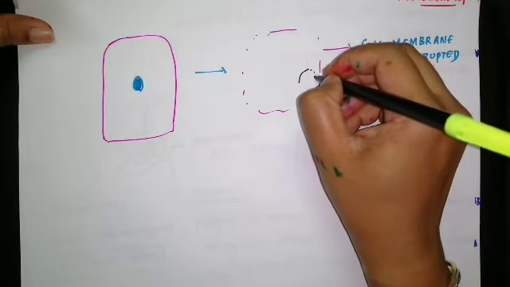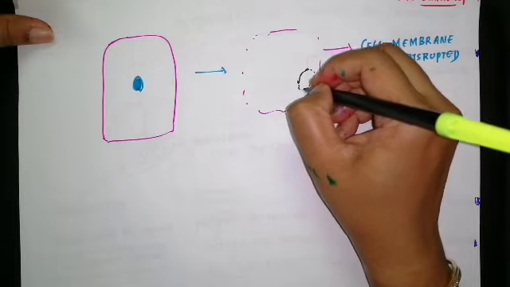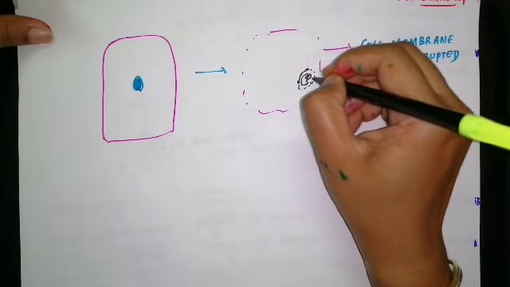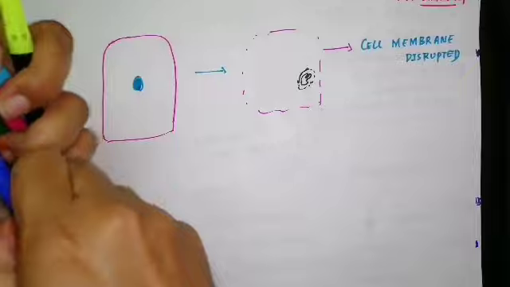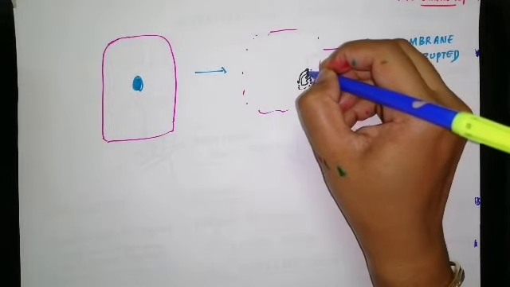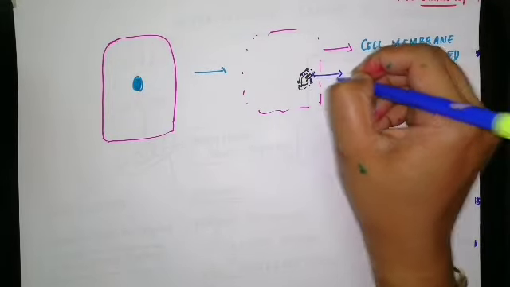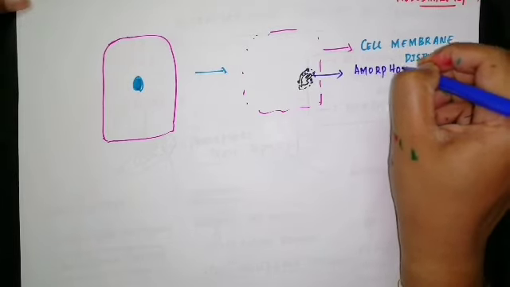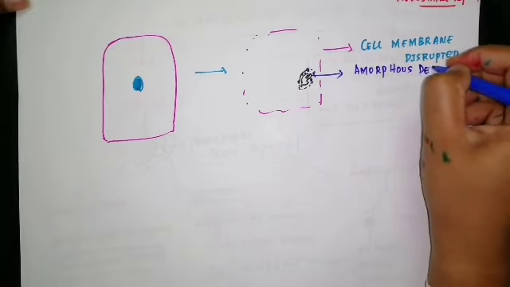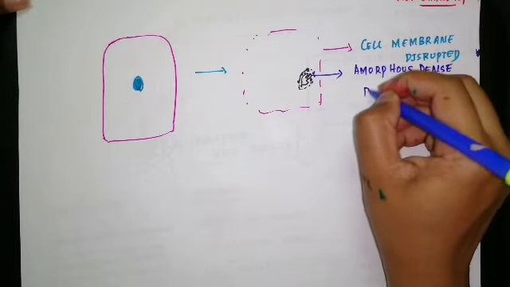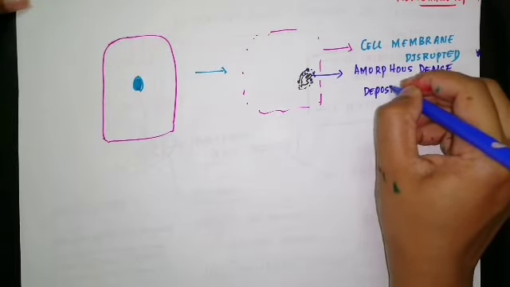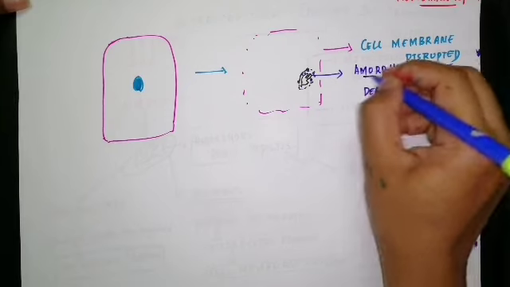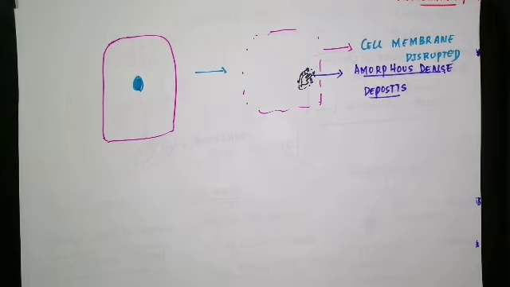The mitochondrial membranes are damaged, and the mitochondria will show amorphous dense deposits because of calcium influx. This is called amorphous dense deposits. The amorphous dense deposit is a characteristic feature of irreversible cell injury.